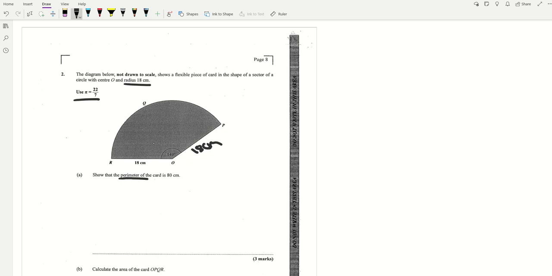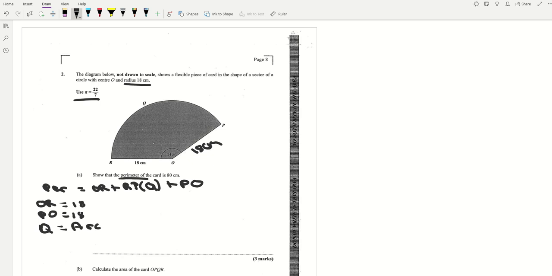If we're looking at your perimeter, it would be OR plus RP, which is known as arc RQP, plus PO. We know that OR is equal to 18. We know that PO is also equal to 18, and arc RQP is an arc, right?